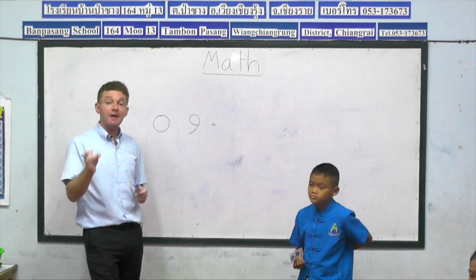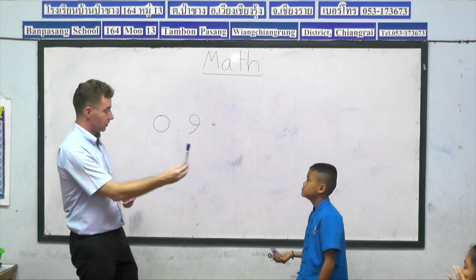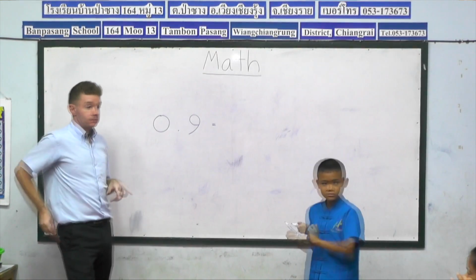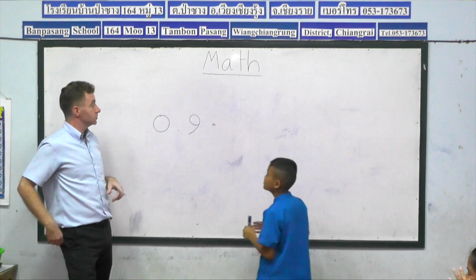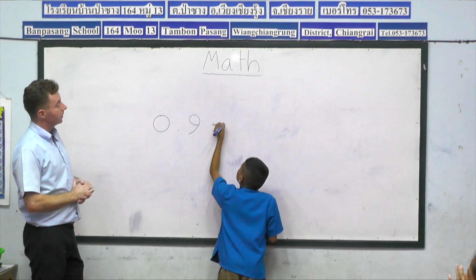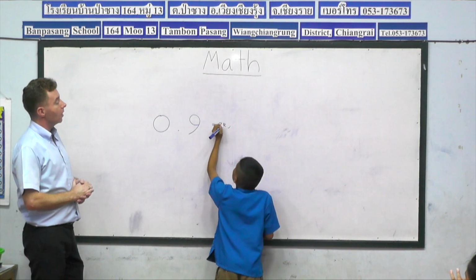So Chu will demonstrate how to write this decimal in word form. So Chu, over to you. So the first two words, 0 point. So we've got Z, E, R, O. Excellent, Chu.